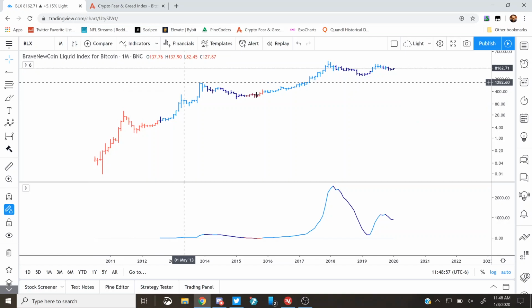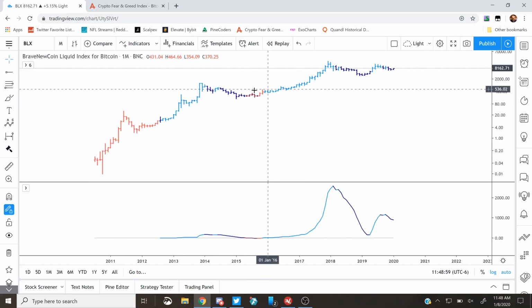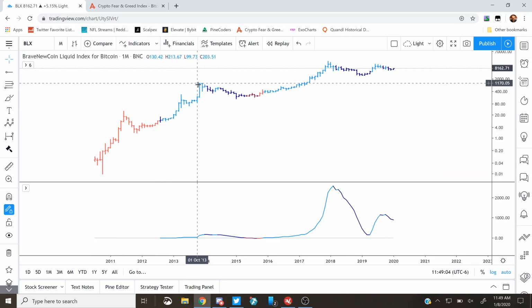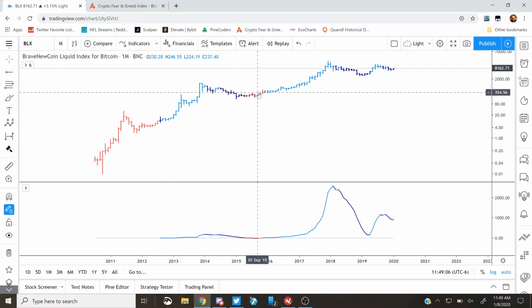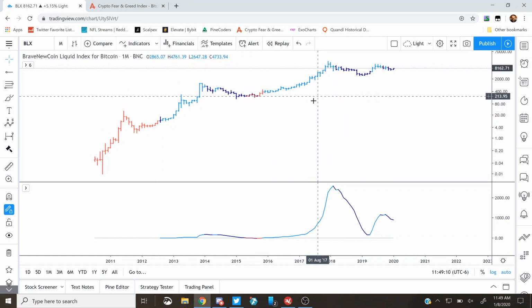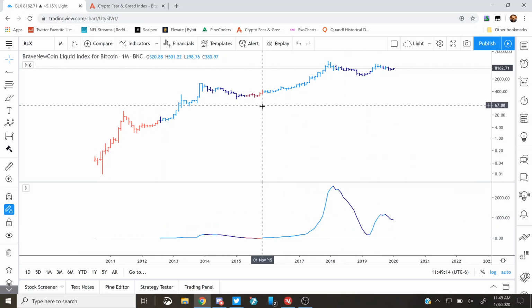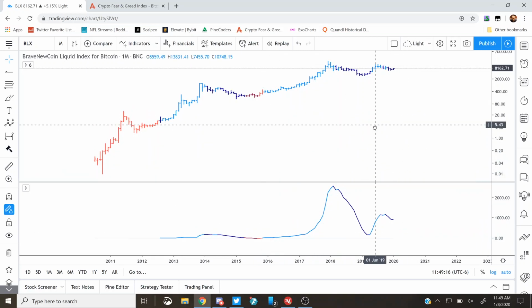Now I'm currently on the monthly. You see here that monthly flipped red, which suggests that this entire piece was corrected right here. And now we're correcting at least this entire piece, but we still haven't flipped red to confirm that we could possibly complete that correction.